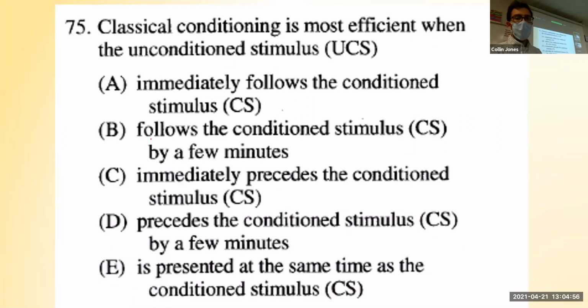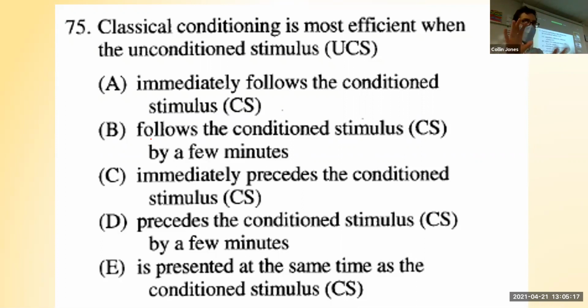This is a fun one. Classical conditioning. So bell, food, drool, bell, food, drool. It's most efficient when the food, the unconditioned stimulus, the thing that they automatically respond to, is what? It's supposed to be bell, food, drool, bell, food.